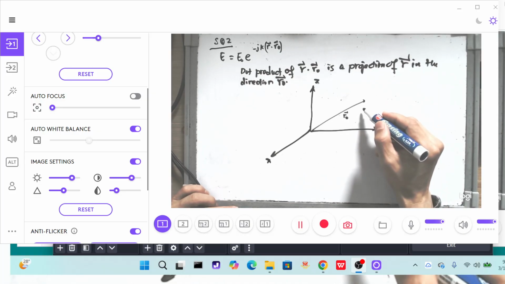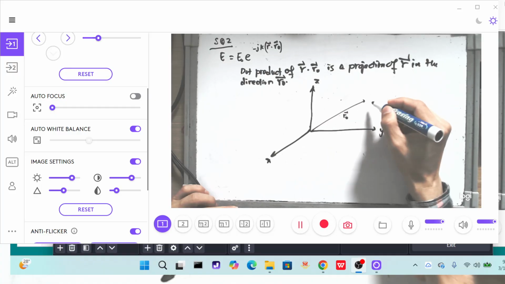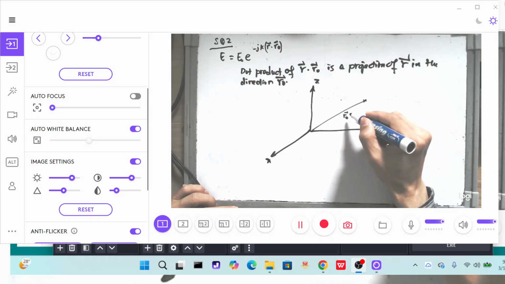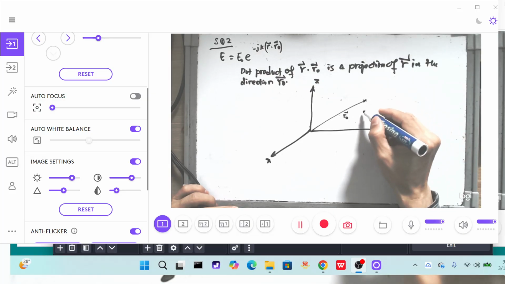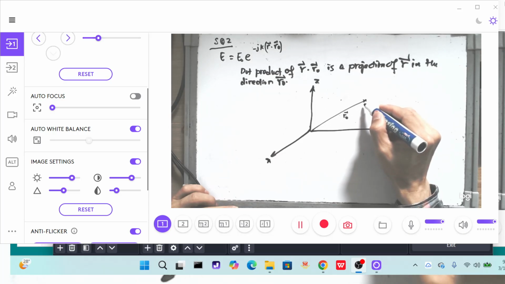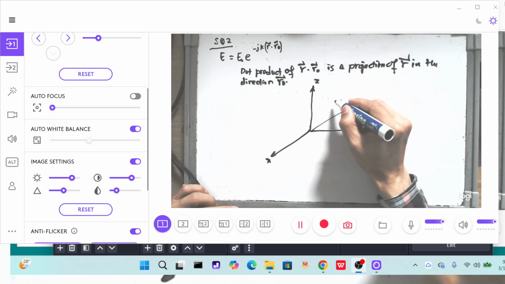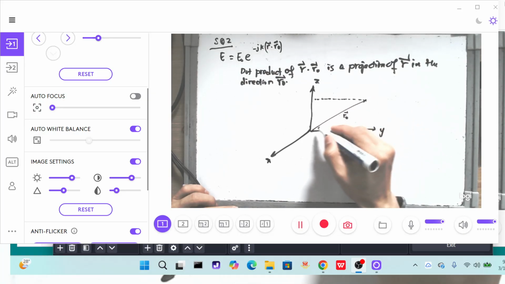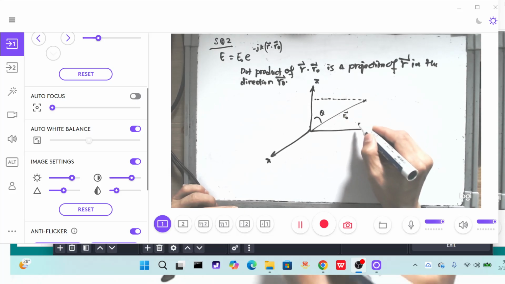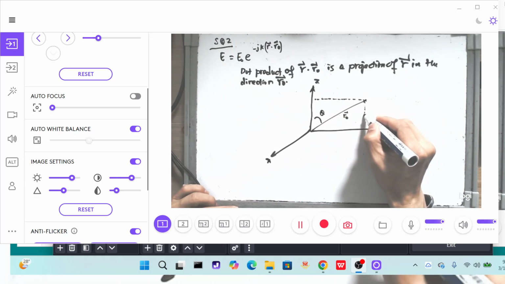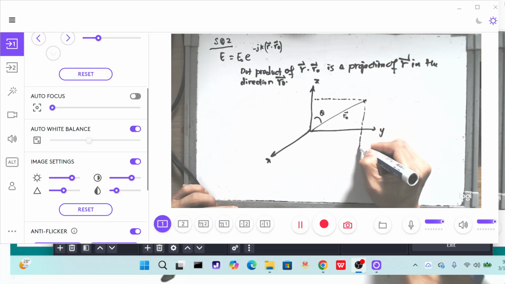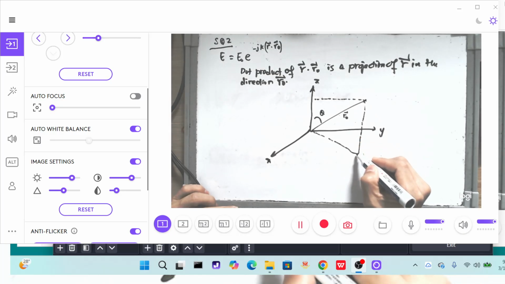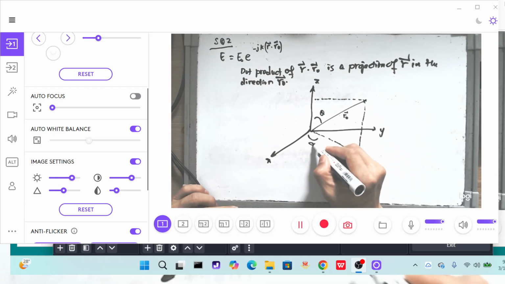What is the XYZ coordinate of this R naught? Let's take the Z coordinate first. We have an angle of elevation theta, and we also have a position identified by the angle of azimuth phi.